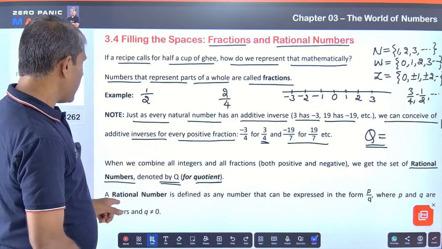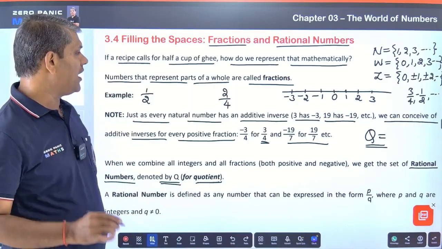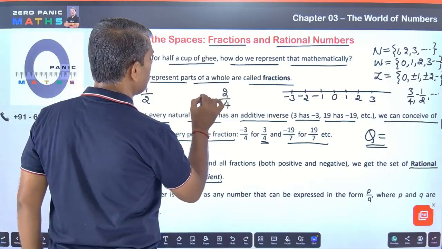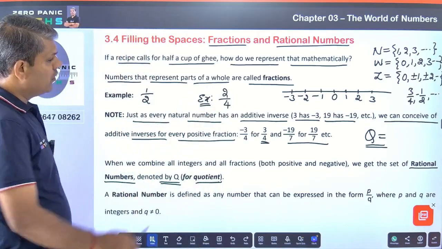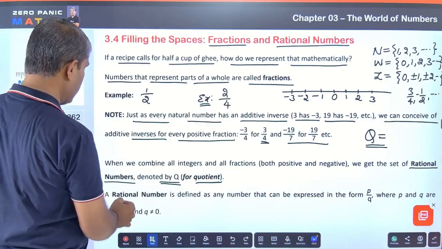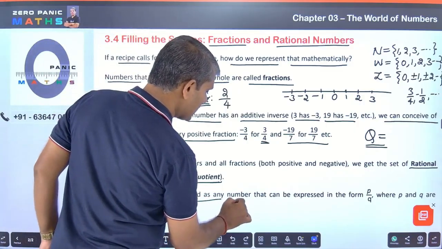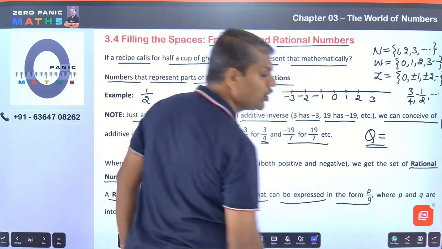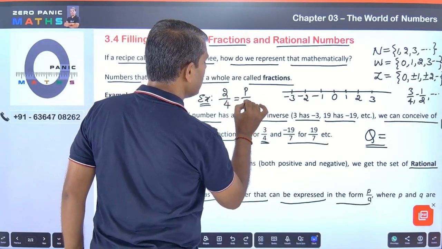Now, in general, if you define a rational number, this is an example of a rational number: 2 by 4. With this reference, we can derive the definition: a rational number is defined as any number that can be expressed in the form p by q.